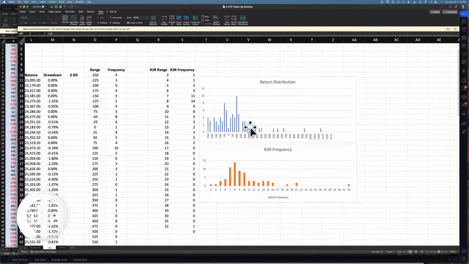And then our mid-tier trades are those that are, say, $200 to, let's say, $500 or $600. Those are our mid-tier trades, and you can see there's a handful of those, a bunch of those. And then there's our outliers, right? So about 30% of our trades are our mid-tier trades.